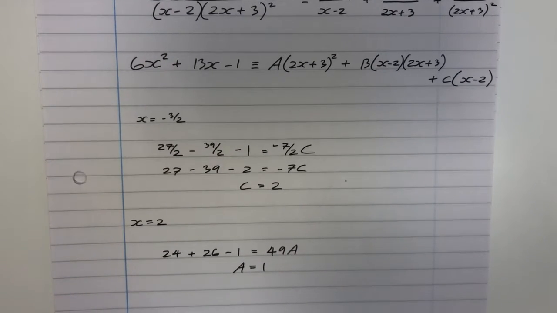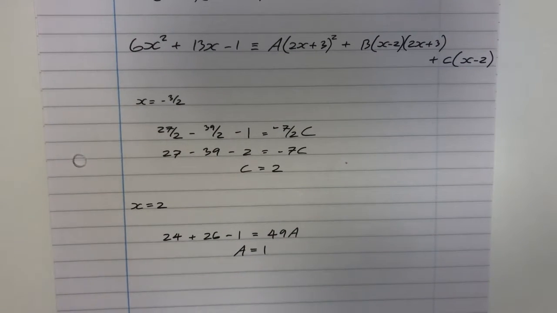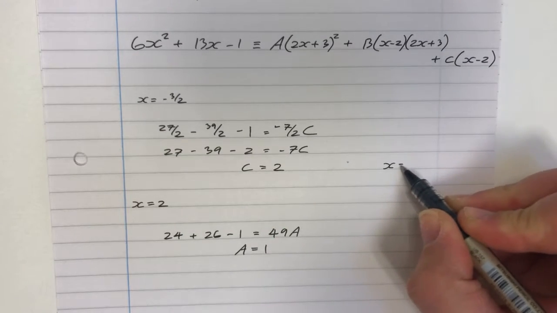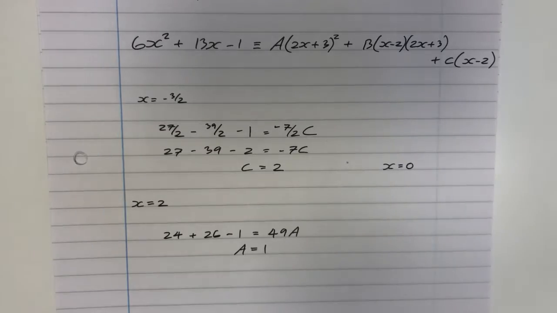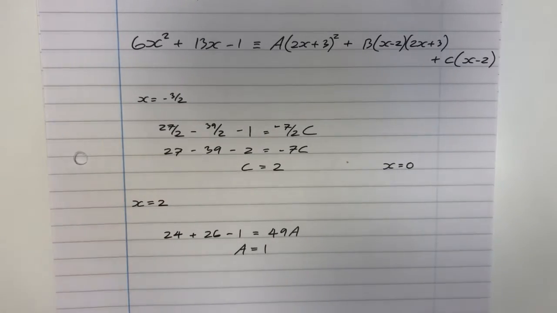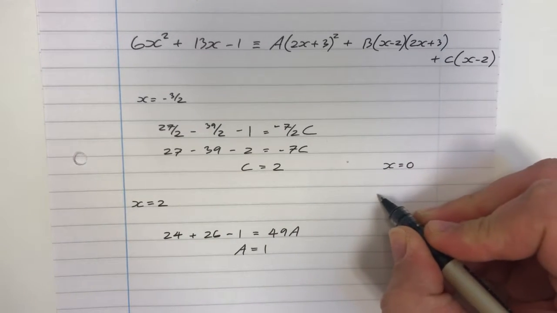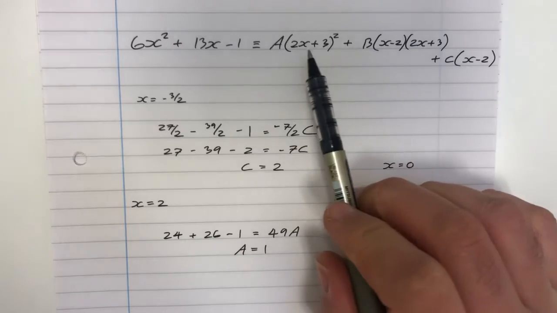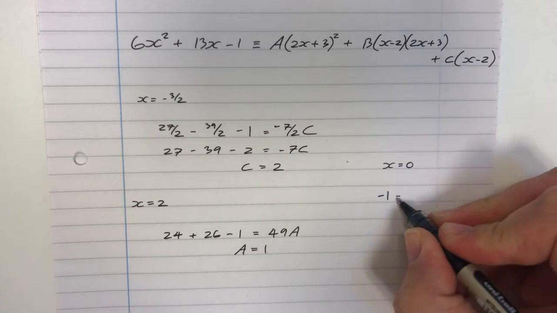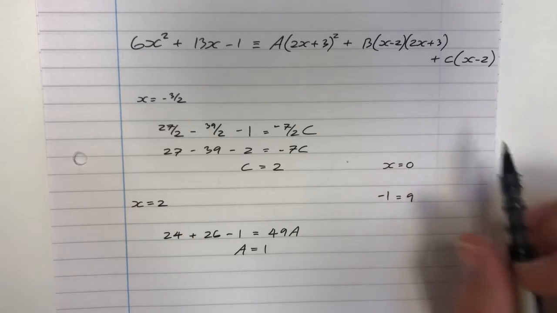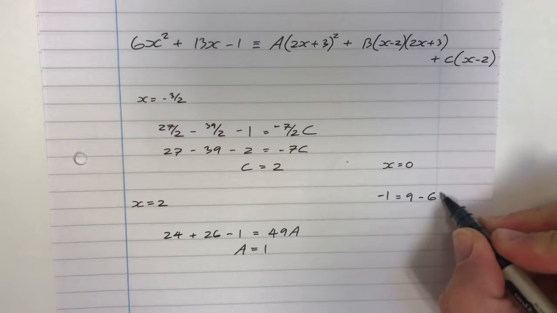Now at this point, as I said earlier, there's no obvious choice as to what to choose next for your x value. So I'm just going to arbitrarily choose x is 0. As long as it's not one of these two values, it'll work. x is 0 is nice and easy to work with. So it's minus 1 on the left. That's going to be 9a, but we know that a is 1, so that's 9. Minus 2 times positive 3, so that's minus 6b.